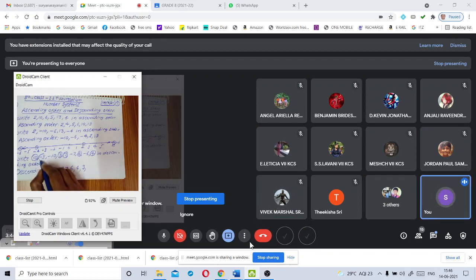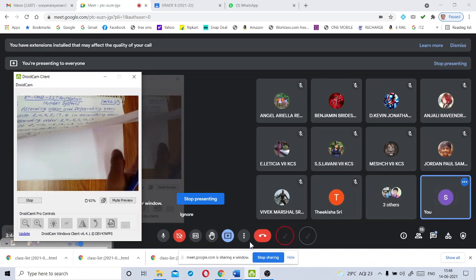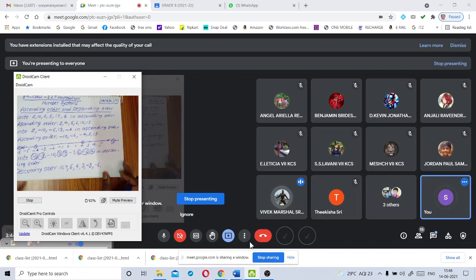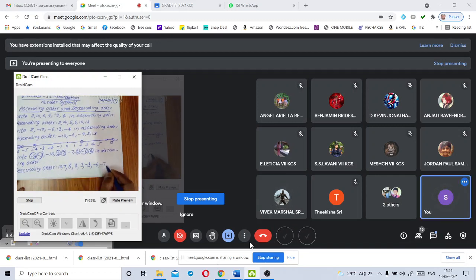Out of these negative numbers, -3 is the bigger number. Next one? -6, sir. Yes, -6. Next? -7, sir. -7. And the last one is -10.